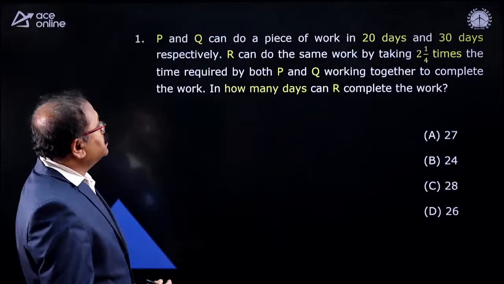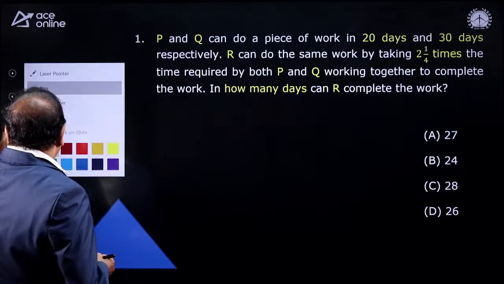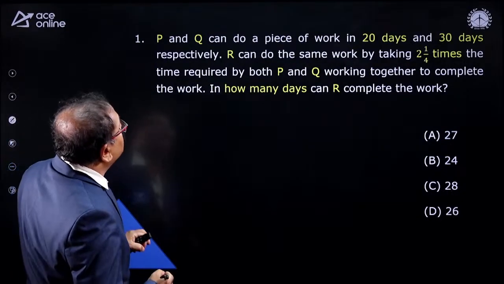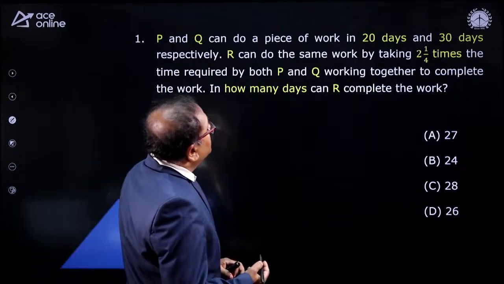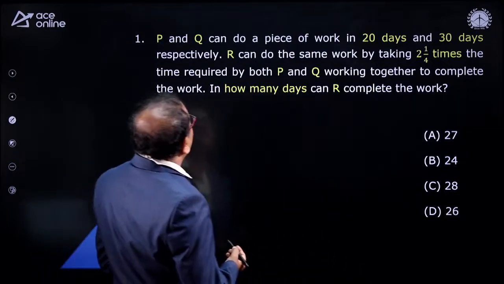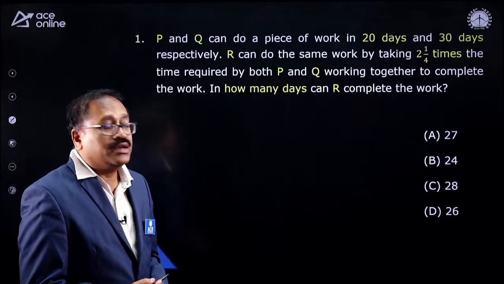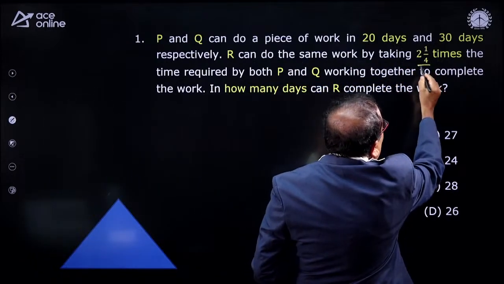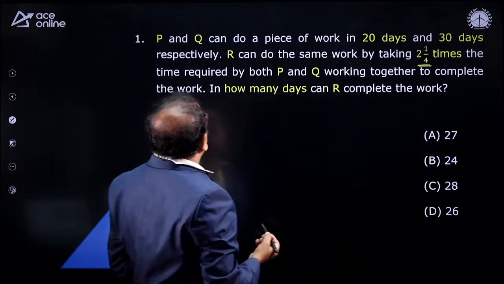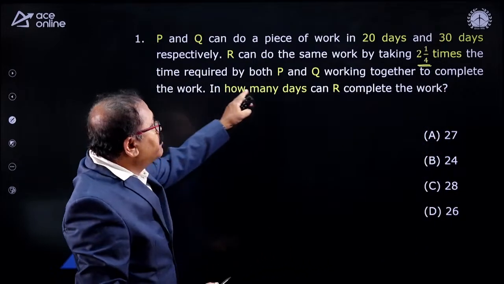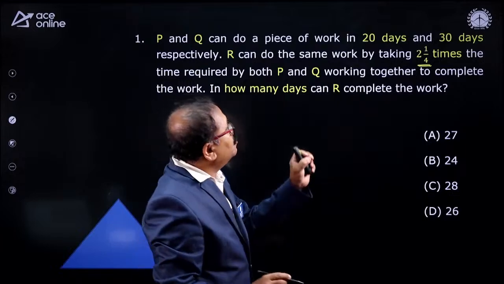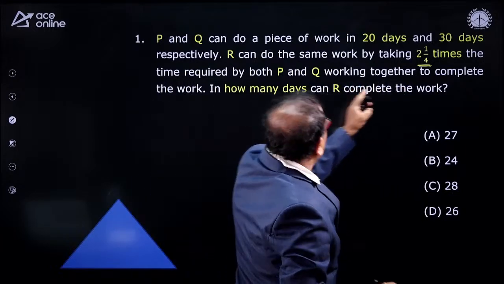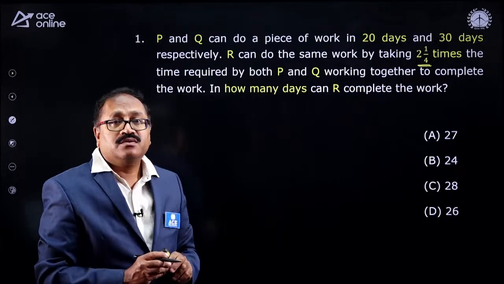Here is your next question. Look at this question. P and Q can do a piece of work in 20 and 30 days, and R can do the same work taking 1/4 times that required by both P and Q working together to complete the work.